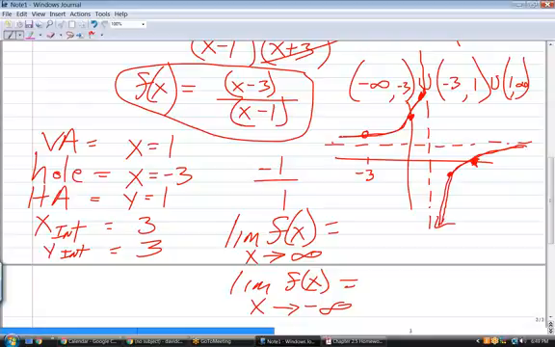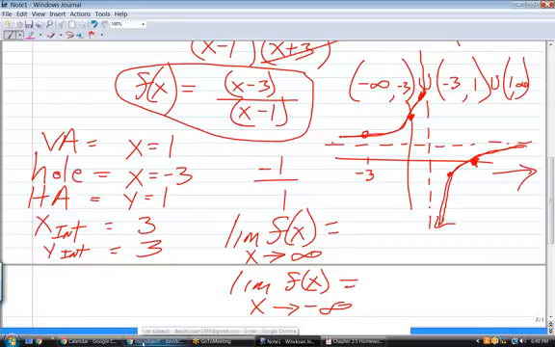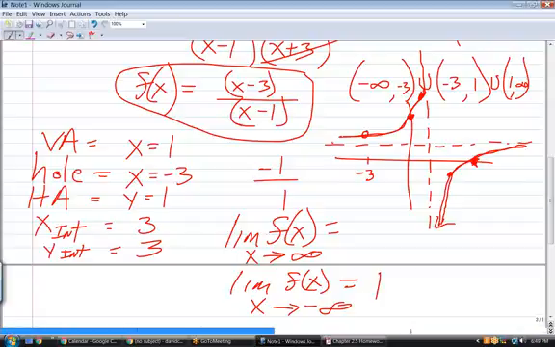So I'm going to say the limit of f of x as x goes to infinity is what? 1. What is that horizontal asymptote? Oh, it is 1. Excuse me. Yes. My error. That's the same thing as end behavior.